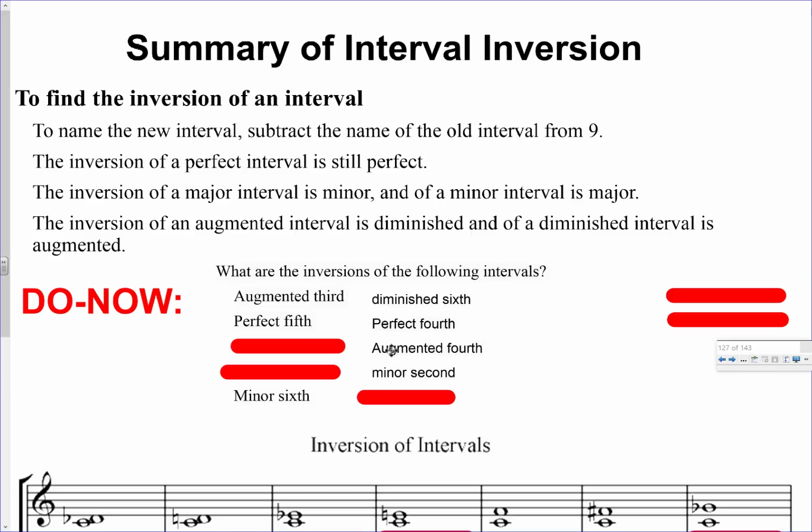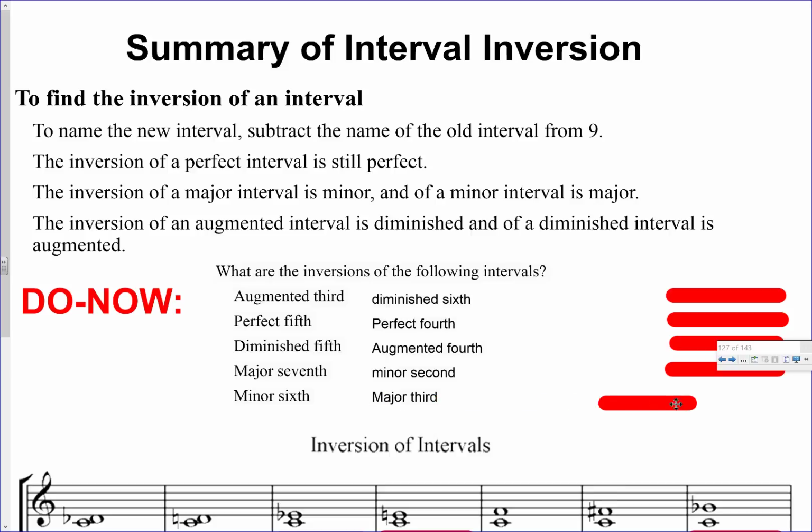An augmented fourth inverts to a diminished fifth. A minor second will invert to a major seventh. And a minor sixth will invert to a major third.